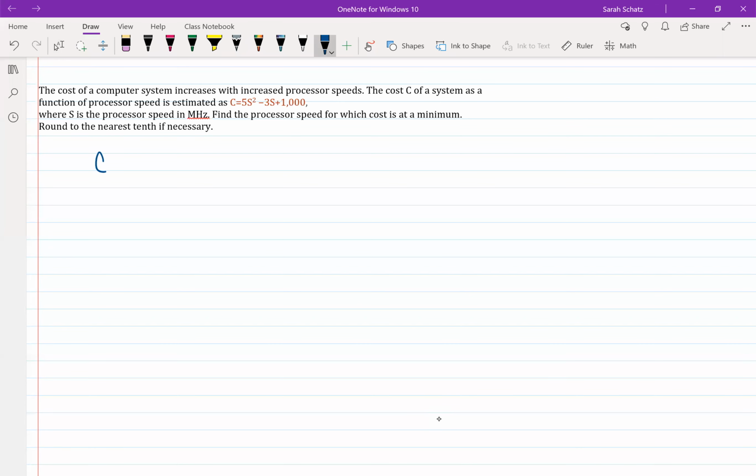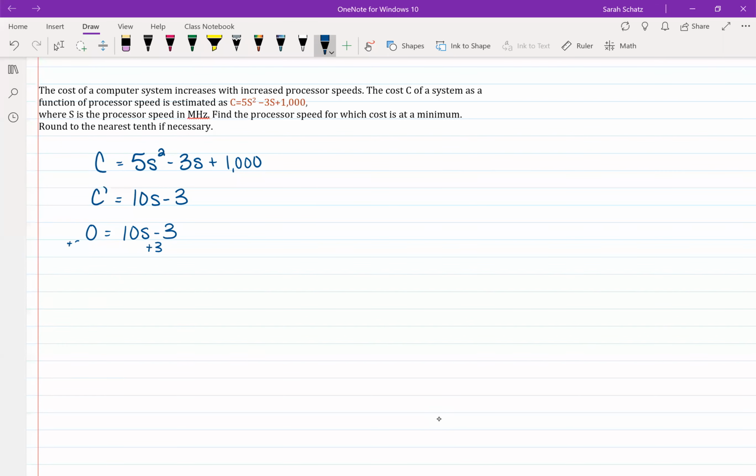Okay, so I have C equals 5s squared minus 3s plus 1,000. I need to take the derivative of that. That's going to be 10s minus 3. Set this equal to 0. Notice I didn't give you any crazy ones with a lot of factoring. Not yet, at least.